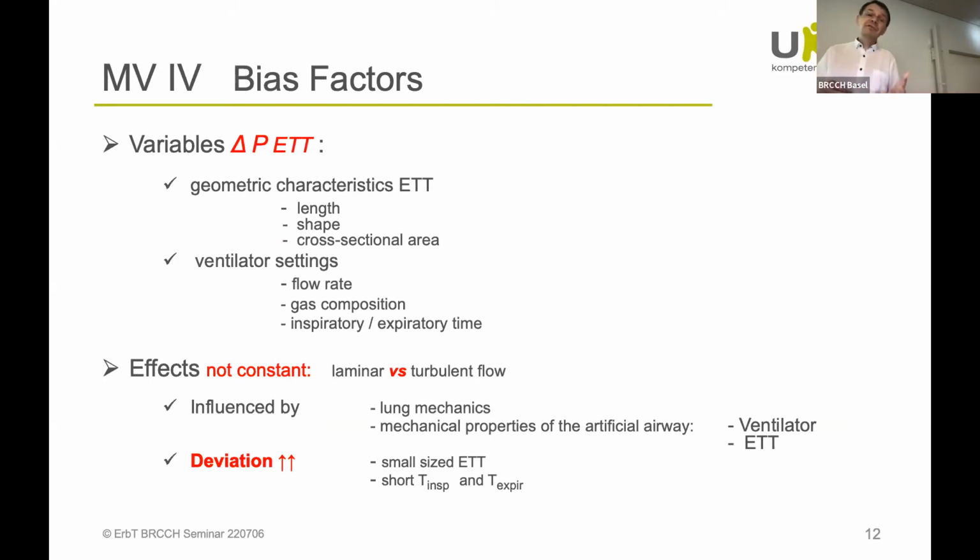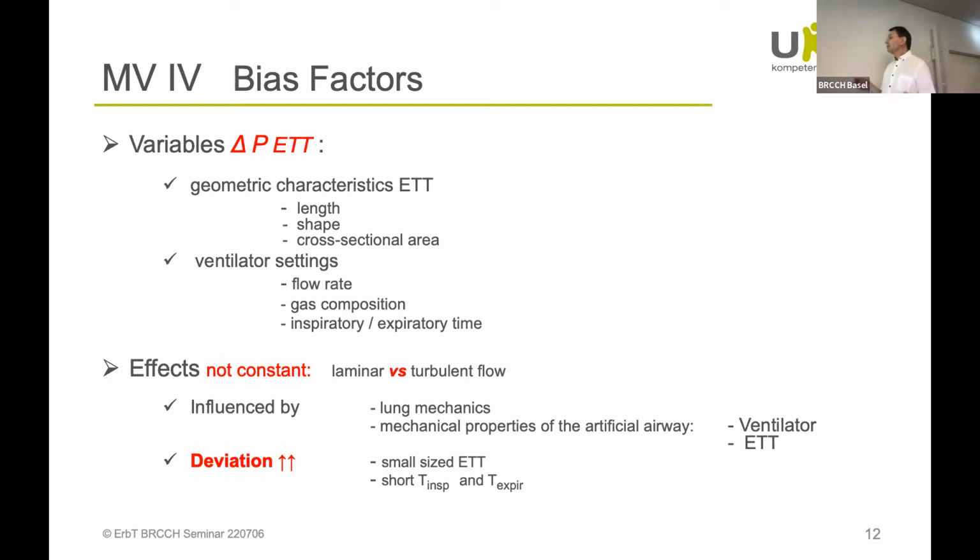Otherwise, you would have just the possibility to come up with an estimated pressure in the trachea, but that's hampered by the fact that within the tube, you may have a laminar or a turbulent flow. And as soon as you have a turbulent flow, the resistance increases considerably. So in the end, the pressure drop is influenced by lung mechanics also, and mechanical properties of the artificial airway.